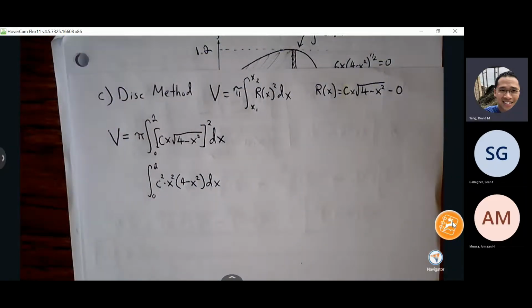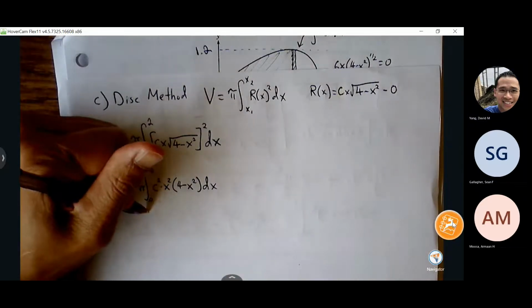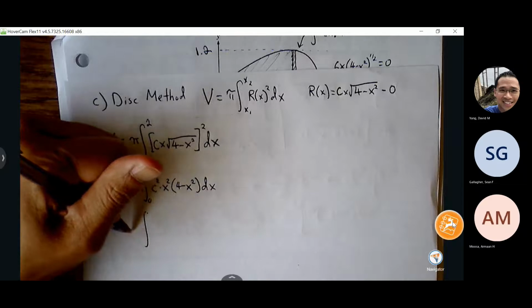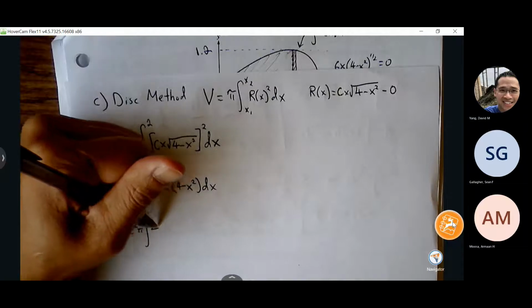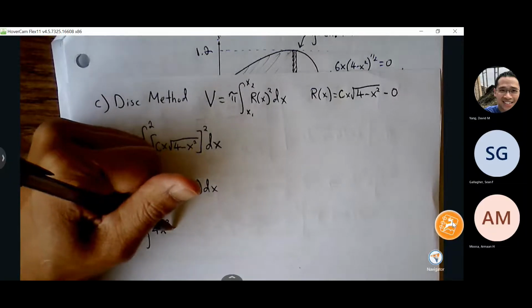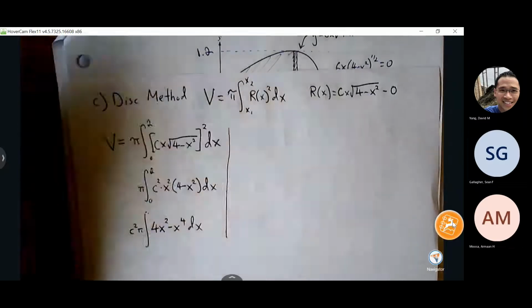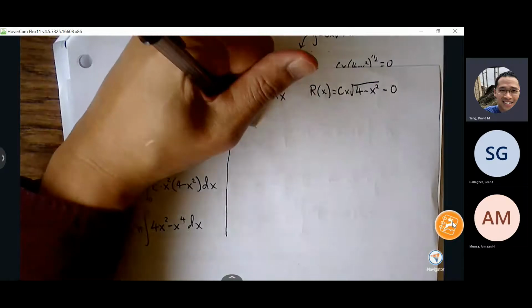Distribute everything through. We can simply rely on power rule here. Pull that C squared out. Okay, power rule, we get 4x cubed.